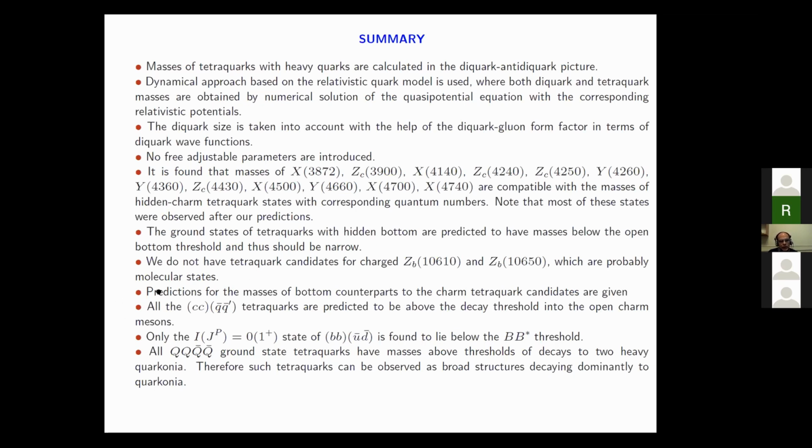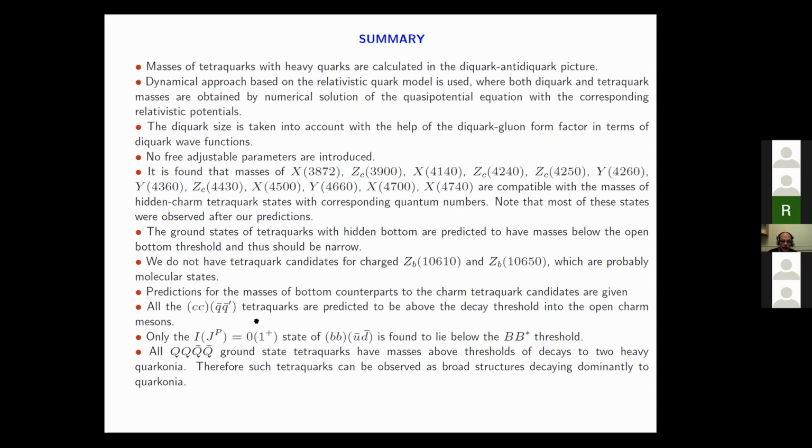We also give predictions for the masses of the bottom counterparts of the charm tetraquark candidates, and considered the tetraquarks composed of two heavy c quarks and a light antidiquark, and their predicted masses are above the open charm thresholds.